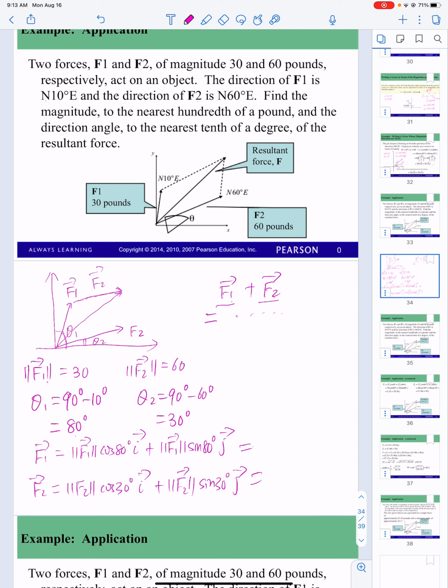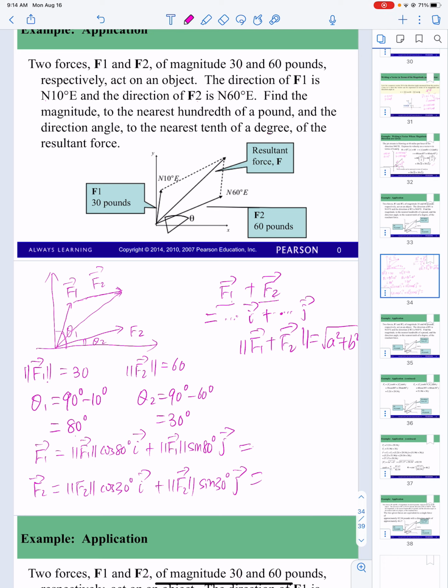And then after you find the vector, you find the magnitude using the square root of a squared plus b squared, where the vector is ai plus bj. So this is the sketch of how you work it out.